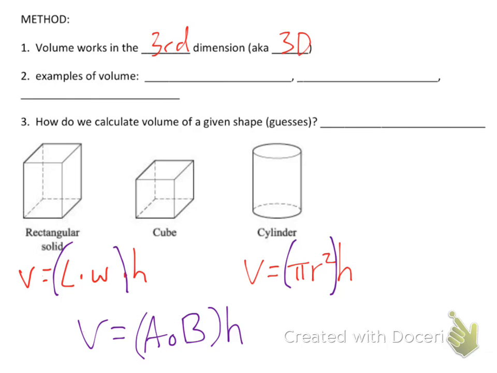But as soon as I start to stack layers of paper on top of each other, your item starts to get taller, which starts to have a volume. Like everybody right now can look at one of my whiteboards in the front of the room. To you guys, it's just a flat piece of board, right?